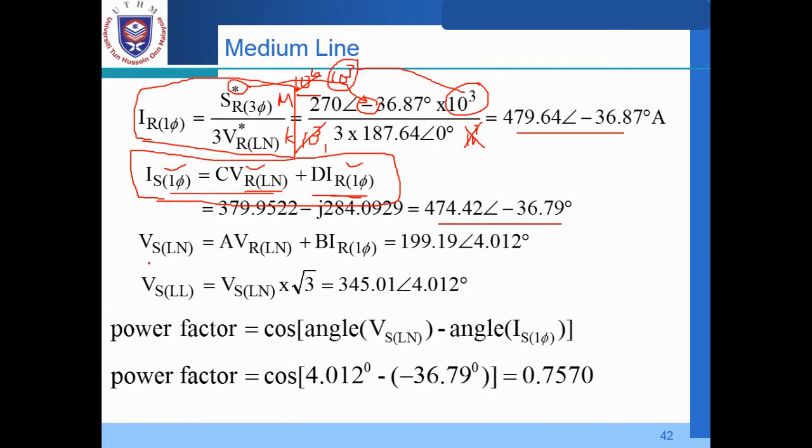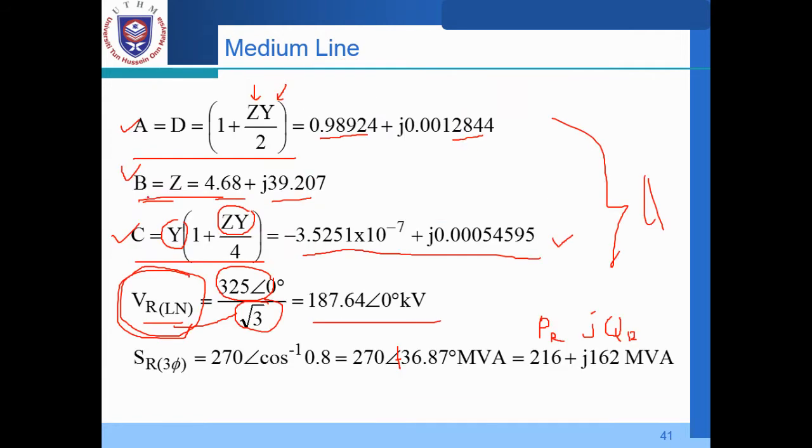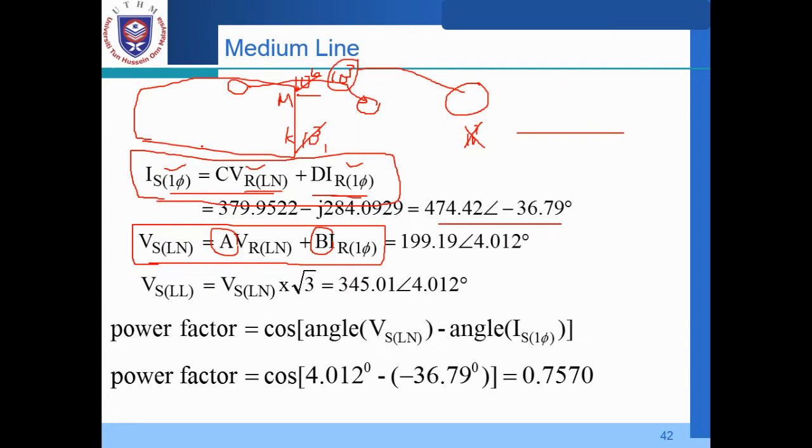And again, using the first equation from the short transmission line model, we have A, VR, and N plus B, IR, single phase. So again, pick A and B from this particular example here, A, B, C, and D into this equation, multiplied by VR and N as well as IR per phase.